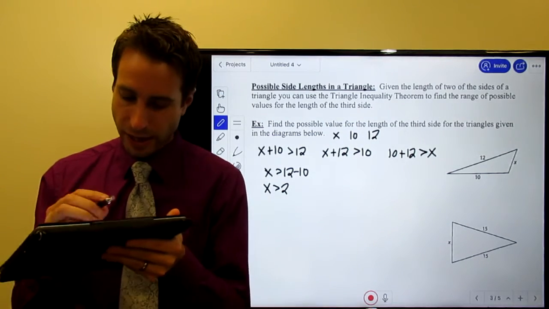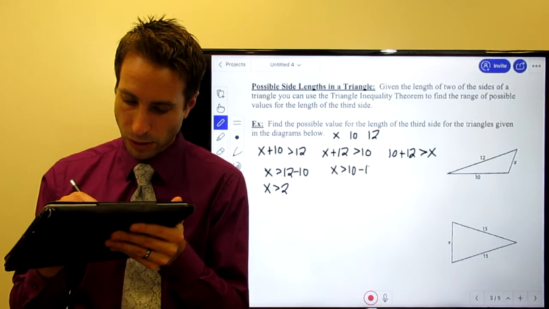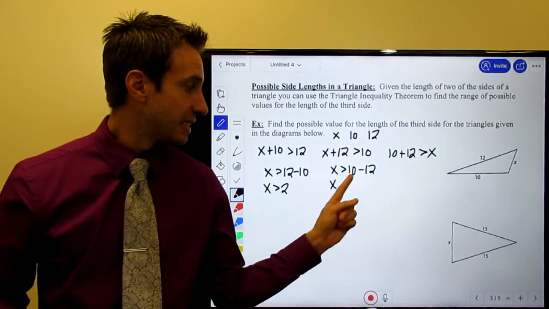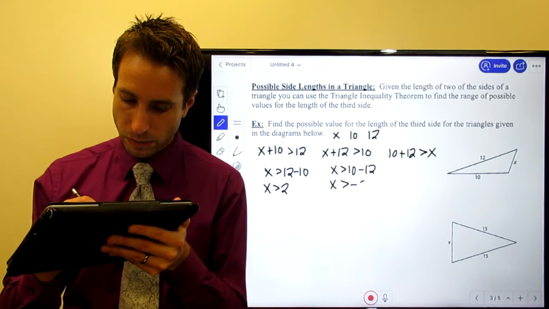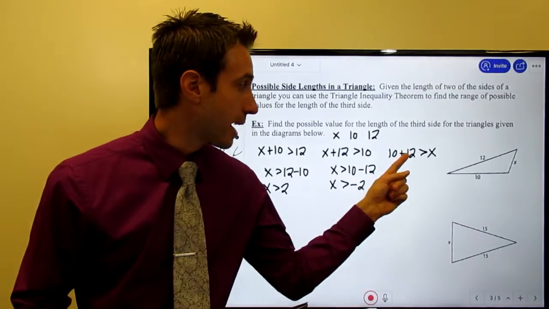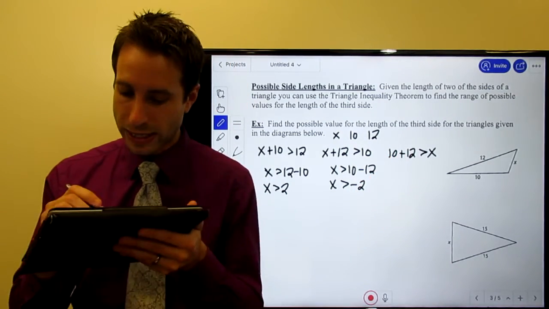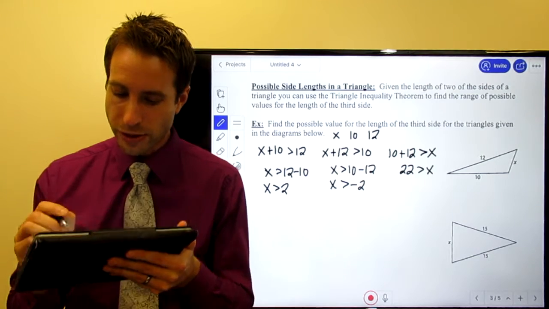Subtract the 12 to the other side, so x is greater than 10 minus 12. Well, 10 minus 12 is negative 2. Okay, pretty easy. Let's keep going. 10 plus 12 would be 22, so 22 is greater than x.